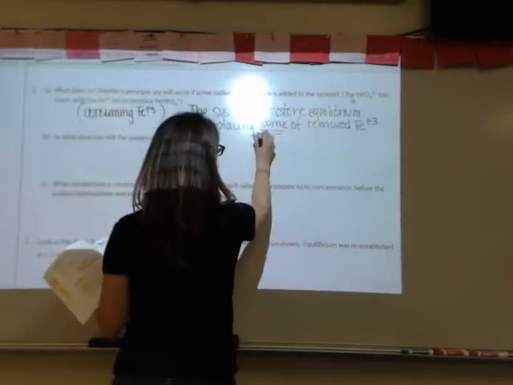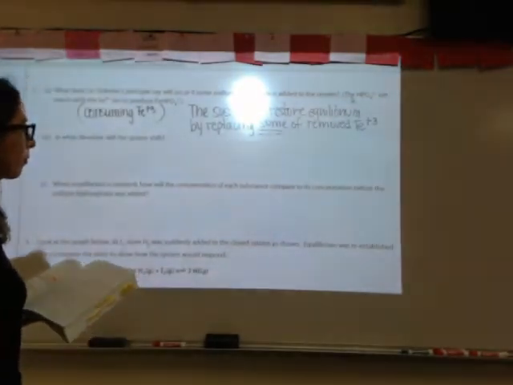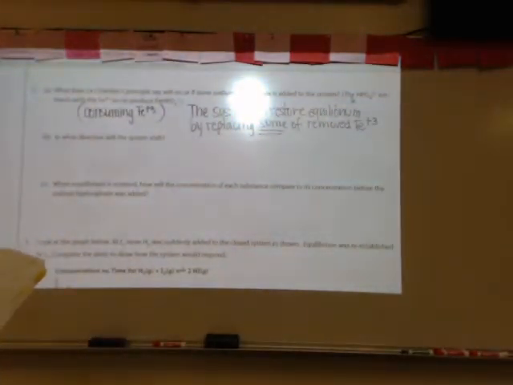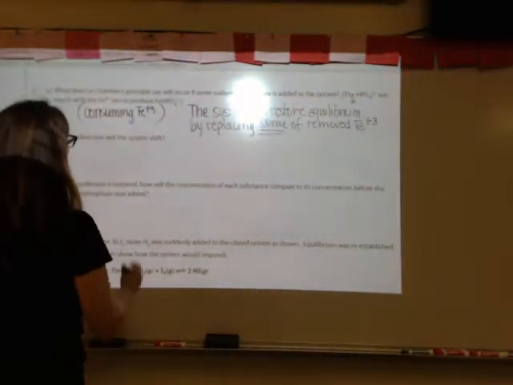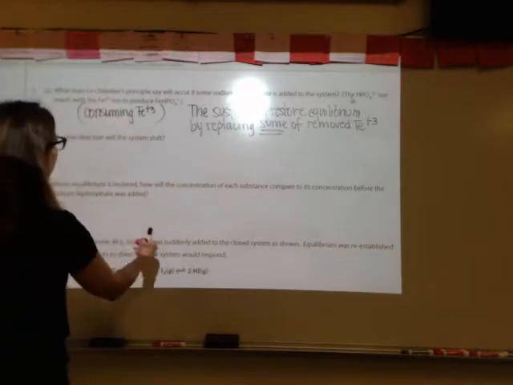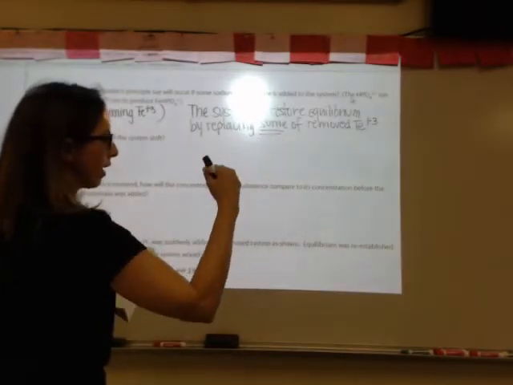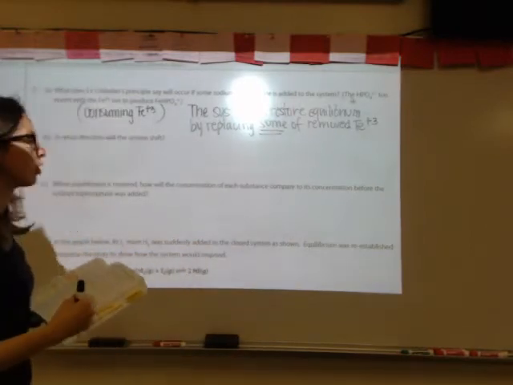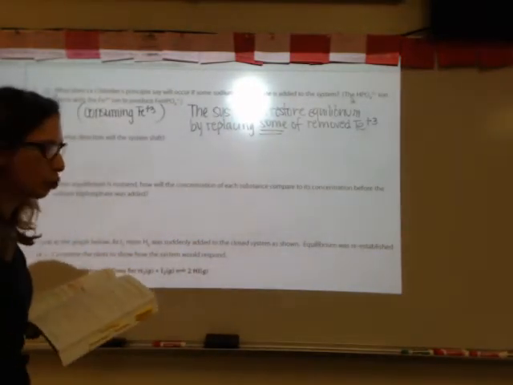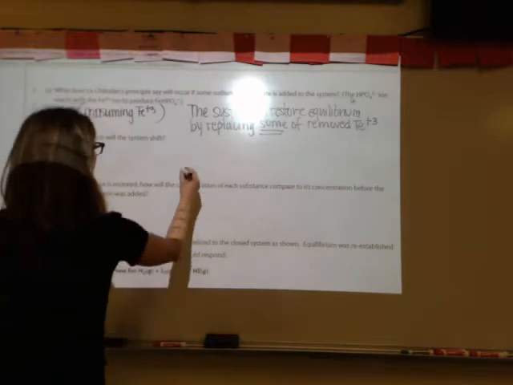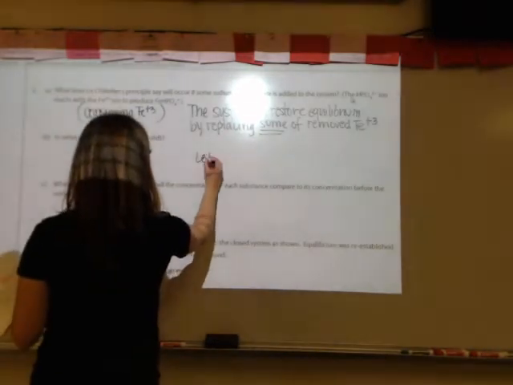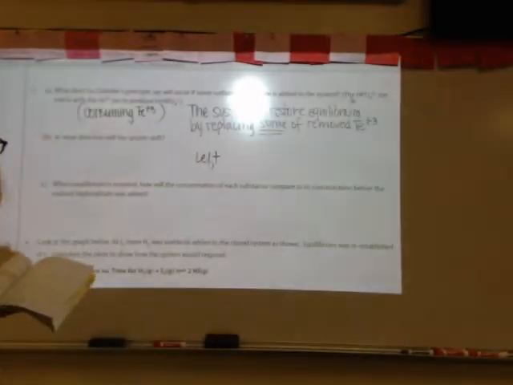Emphasis on some. Which direction will I shift? Well, since I was removing Fe+3 by adding that biphosphate, anytime you decrease the concentration of something, shift in its direction to produce more of it. So that means we are shifting to the left.